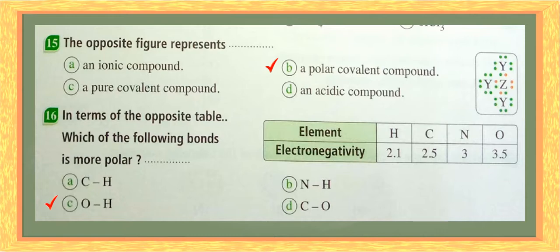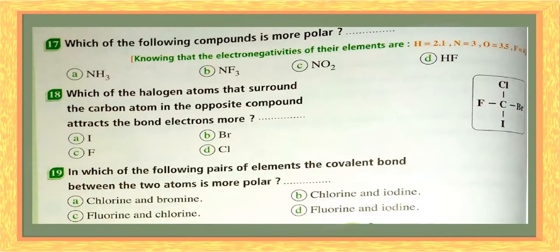Let's go to question 17. Question 17 says which of the following compounds is more polar? The electronegativities of their elements are hydrogen 2.1, nitrogen 3, oxygen 3.5, and fluorine 4. We have NH3, NF3, NO2 and HF.